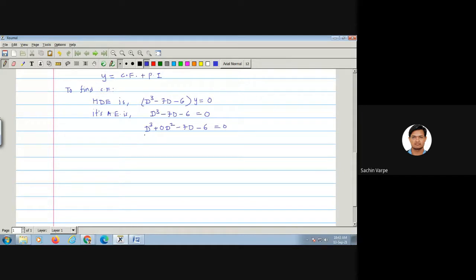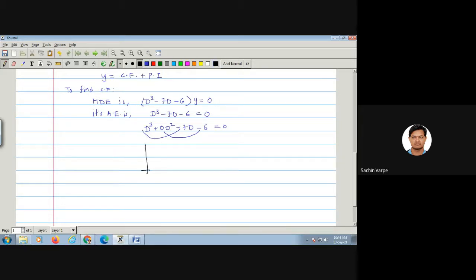Now let us see the sum of alternate coefficients. Are they equal? 1 minus 7 is minus 6, and 0 minus 6 is minus 6. So yes, the sums of alternate coefficients are equal. Therefore we can say minus 1 is a root, right?